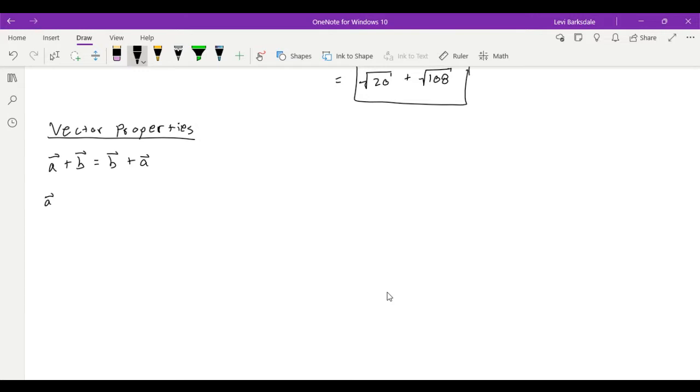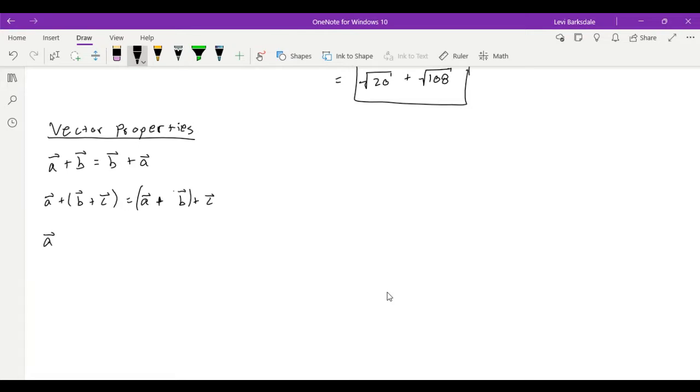They are also what's called associative. Oh, I just wrote the same thing there. You want the eraser for that one. And that means we can place our parentheses where we want when we're adding them. So we can either add B and C together and then add A, or we can add A and B together and then add C.